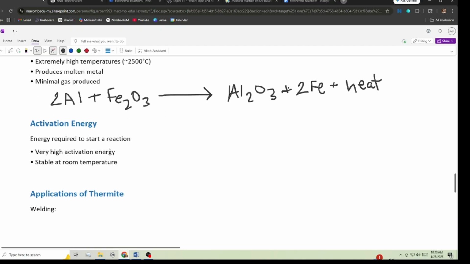The activation energy required to make this process happen is actually really high. The energy diagram looks like this: you have your reactants, aluminum and iron oxide, and your activation energy is way up there. Then you see it come down for your product, with all that negative enthalpy, like we said.